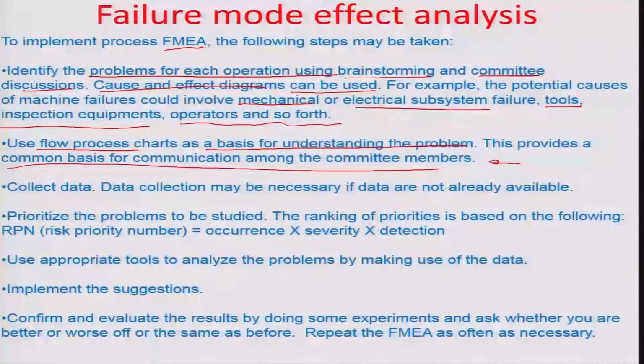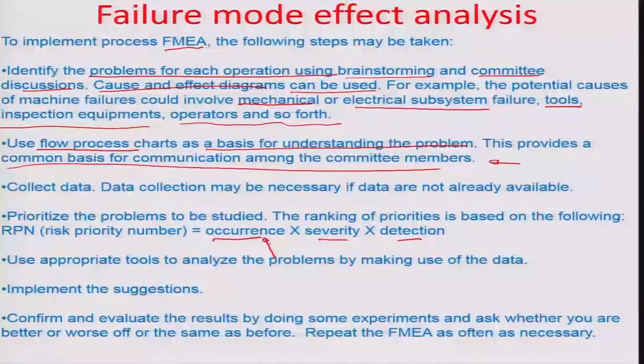And in order to numeralize the various aspects related to occurrence, severity and detection related to a process, we can look into a list of, for example, failures, and a list of countermeasures and a list of detection methods for the failure to be detected before it goes out as a part of the product, and then try to find out what the occurrence level is in terms of a rating.